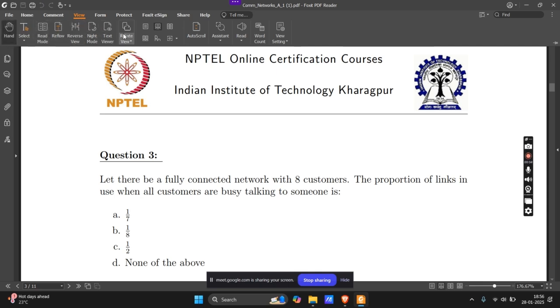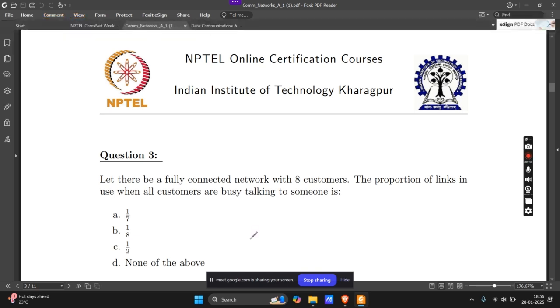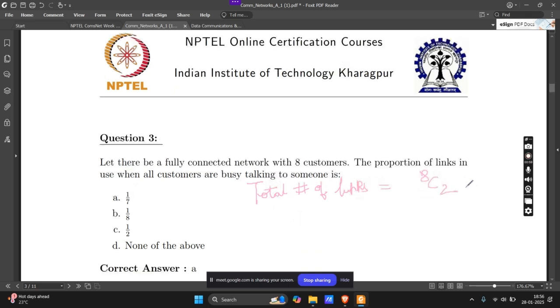So the total number of links is 8C2, because all devices are connected to each other. Now what they're saying is the proportion of links in use when all customers are busy talking to someone.